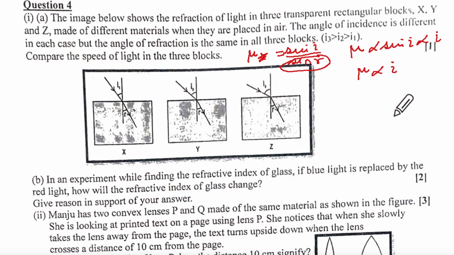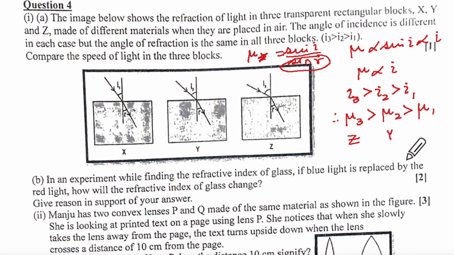So if I have i3 greater than i2 greater than i1, then mu3 will be greater than mu2 greater than mu1. Mu3 means z, mu2 means y, and mu1 means x. All right, did you understand up to here?